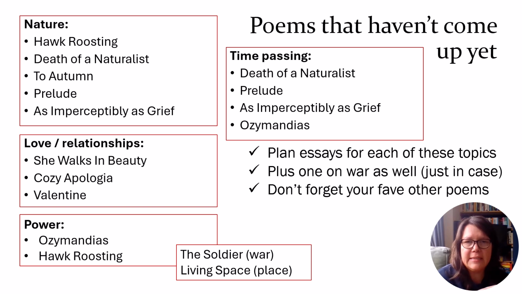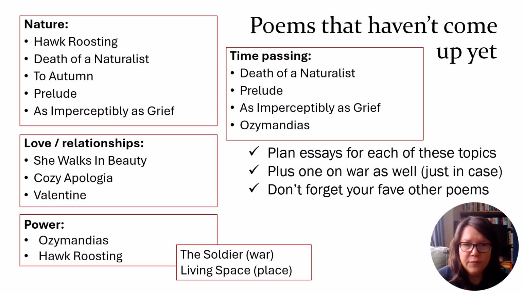Now, this isn't to say that these ones are definitely going to come up, but this is how well these are aligned. You can see here that there's quite a few poems that come under the list of nature, and that hasn't come up as a named topic yet, and so that might be something that we would look at for the summer of 2025.